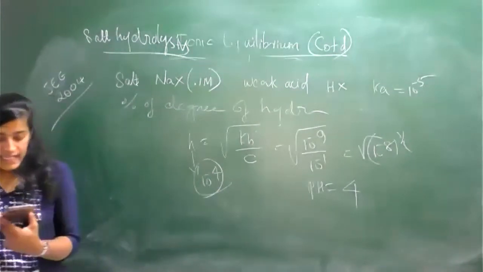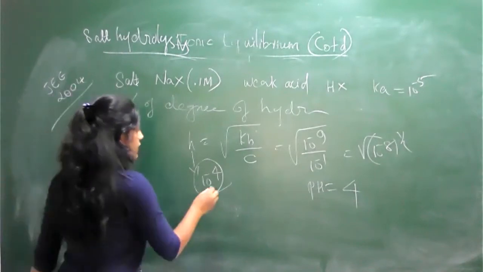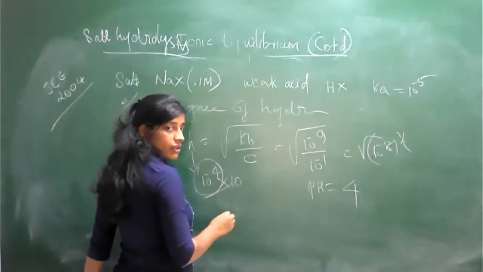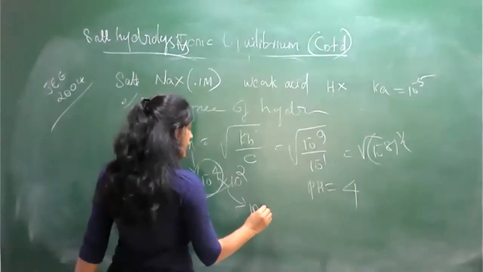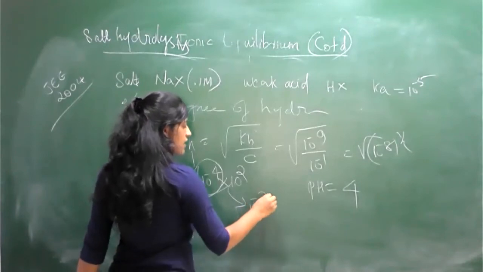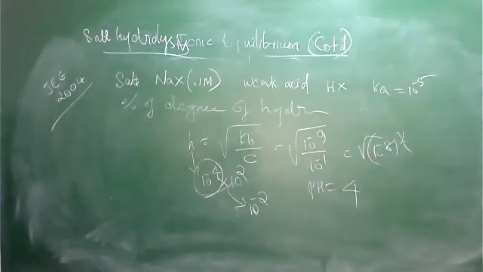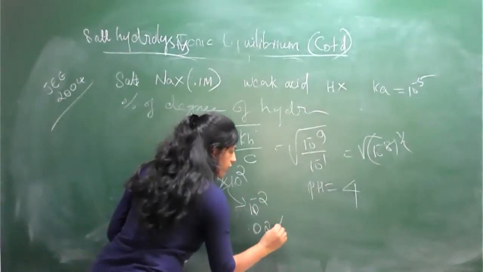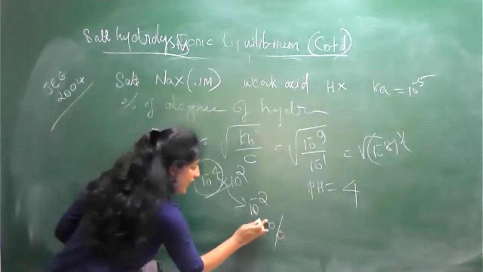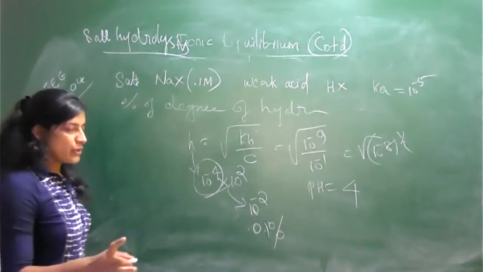This much is correct. But how will you convert it into percentage? Multiply by 100, so 10 to the power minus 2. In your options, they will give 0.01, 0.02, 0.03 percentages.